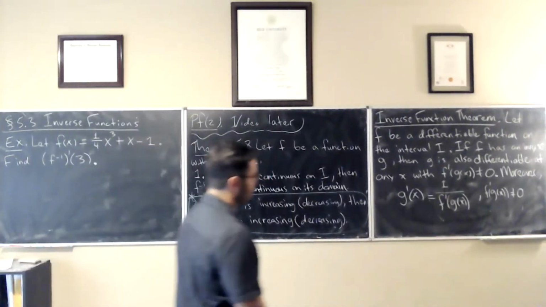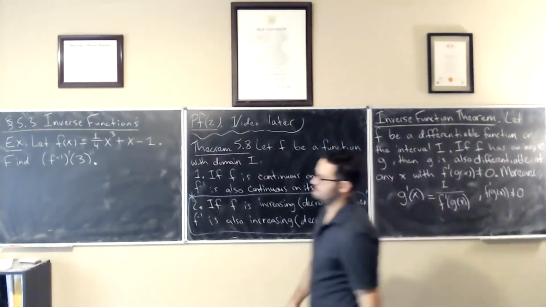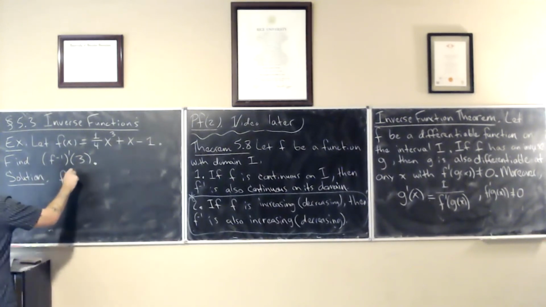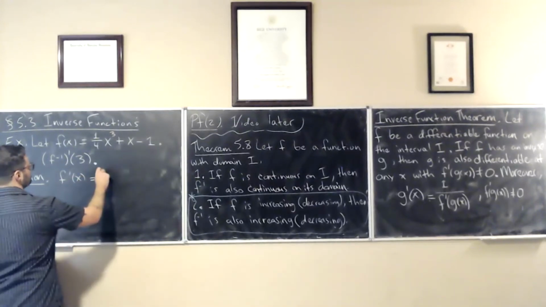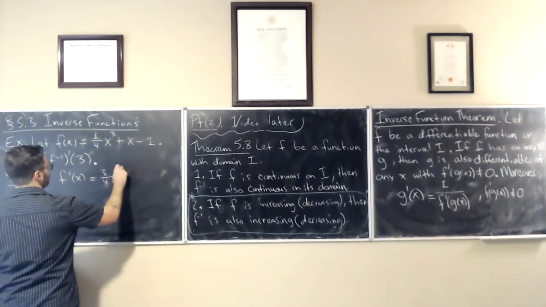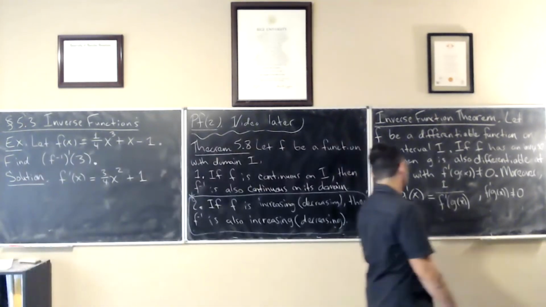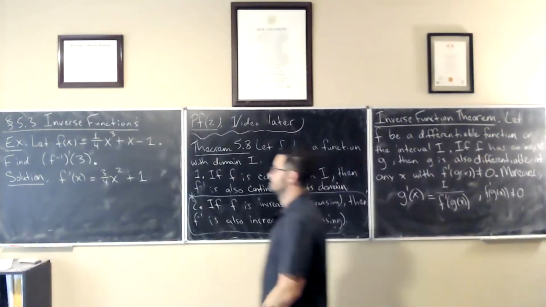How do we do that? Well, we need to find f prime, and that's basically it. So note that f prime of x is equal to 3/4 of x squared plus 1. So then what do we do here?